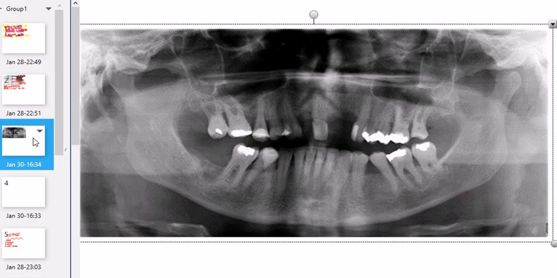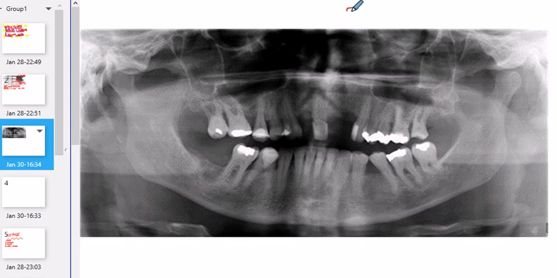So here we're going to use this OPG. This time we have a 50-year-old male smoker.